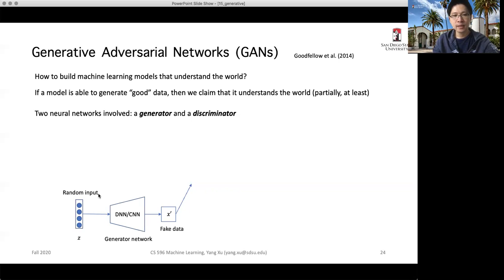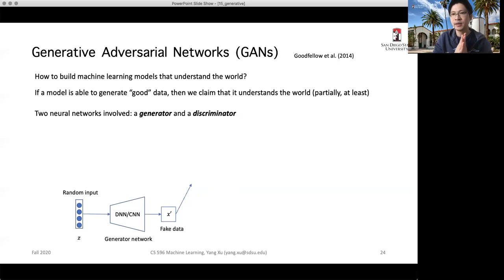The model painted here in blue color is the generator, and it takes some random inputs. So this z can be a random vector, and it's fed into some reversed version of a CNN.